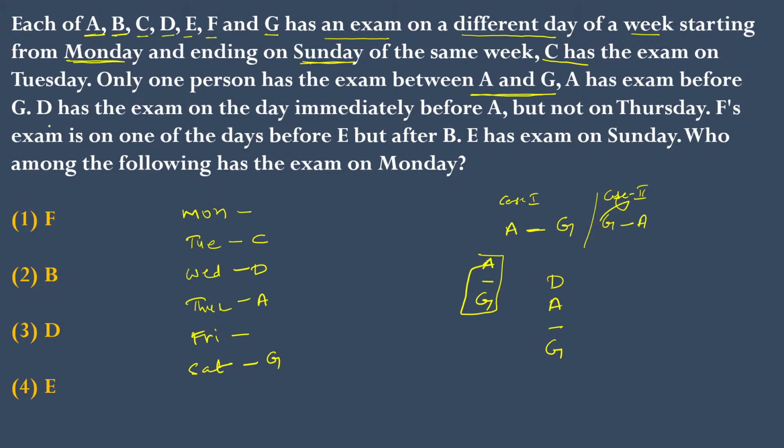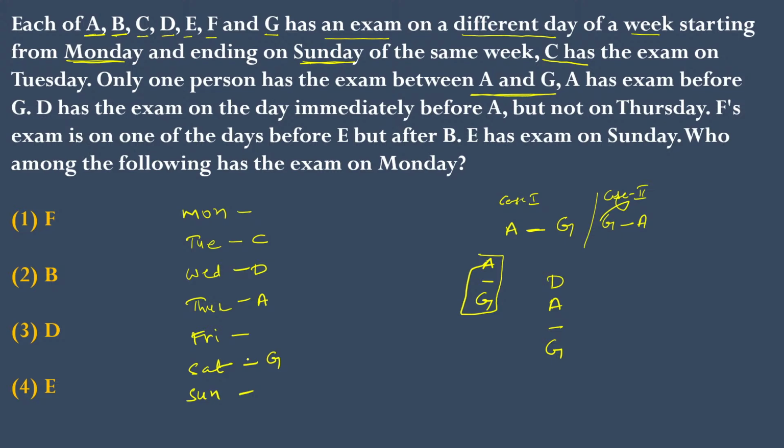D has the exam on the day immediately before A, but not on Thursday. F's exam is one day before E. Okay, are you getting? Here we forgot to write Sunday, sorry.